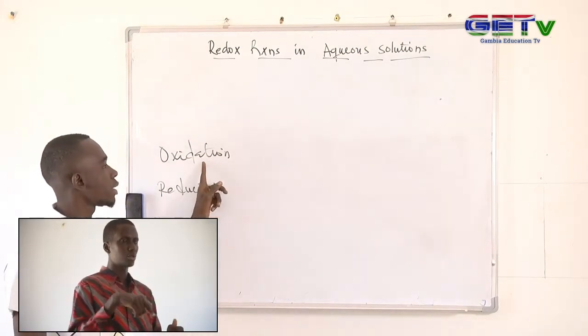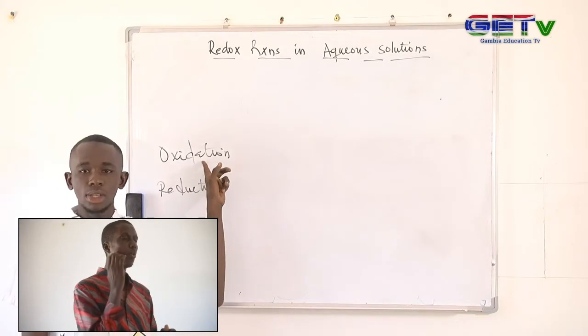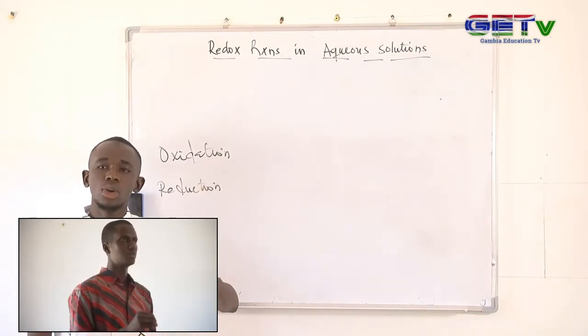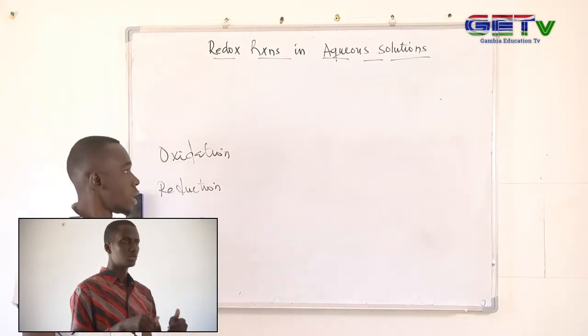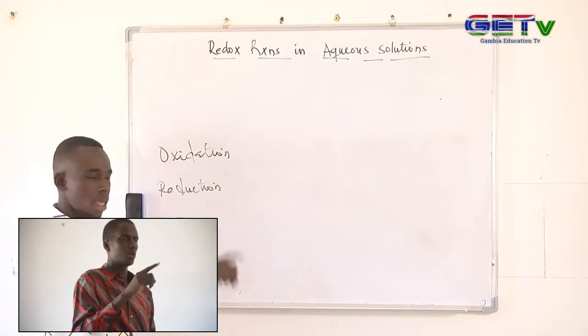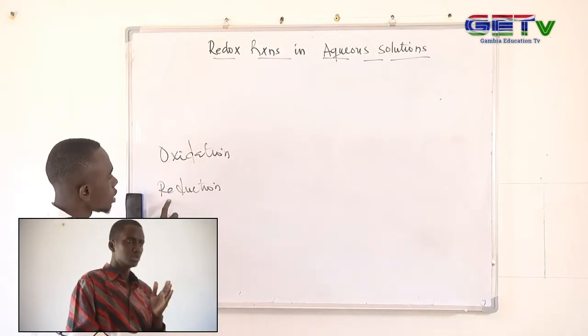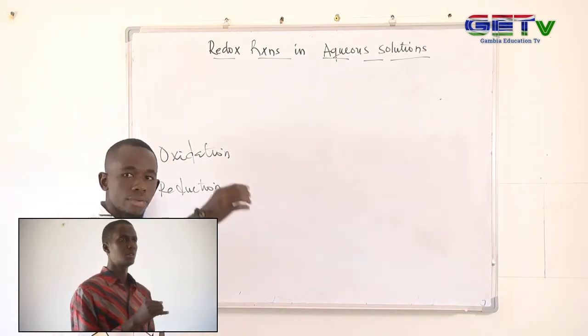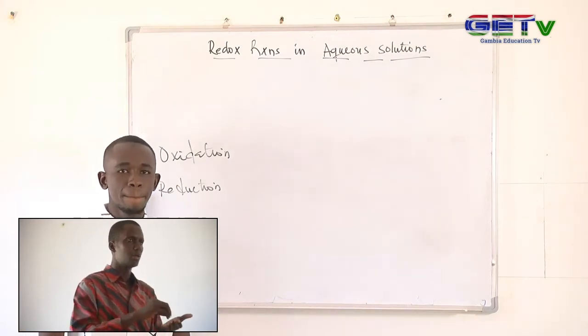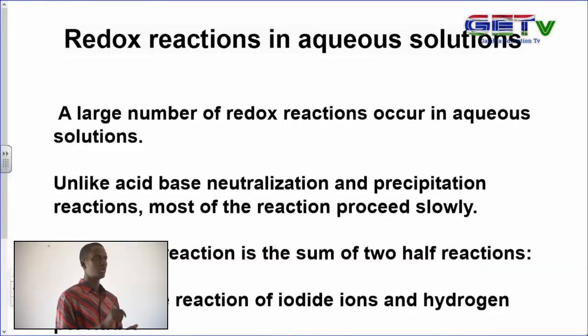That is, whenever a species loses electrons, the oxidation number will increase. And reduction is the gain of electrons. That is, whenever a species accepts electrons, the oxidation number or charge will go down.